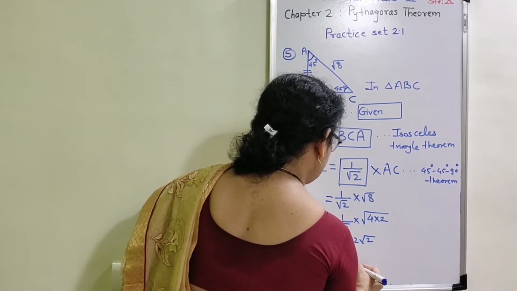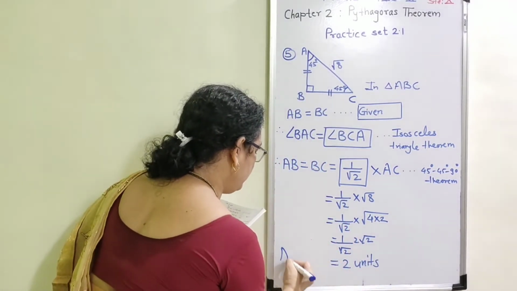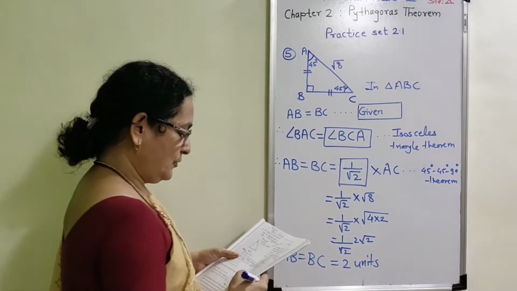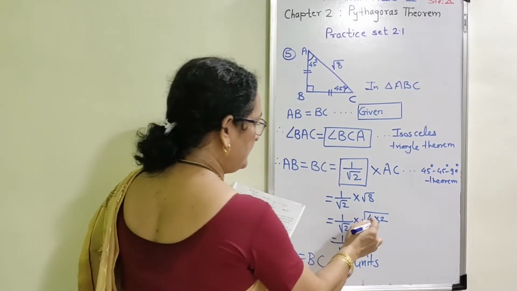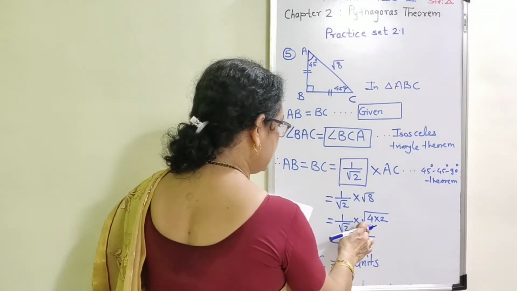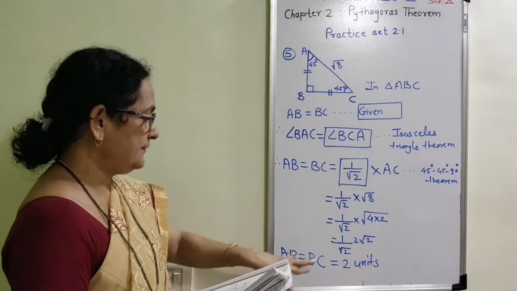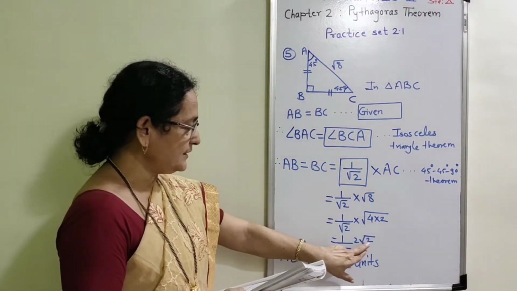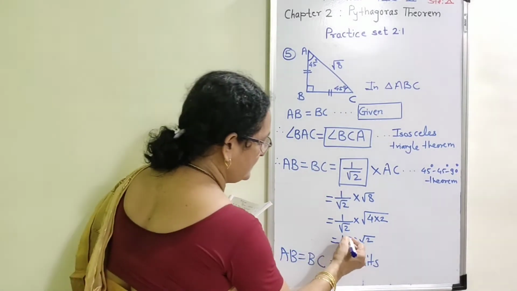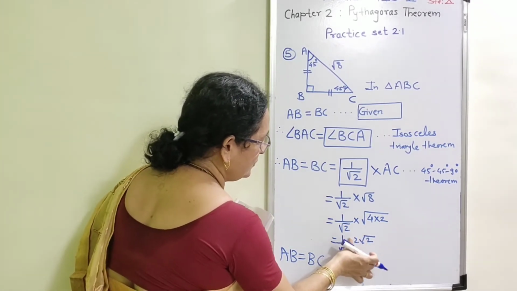Root 2 gets eliminated and my final answer is that the length of AB or BC is equal to 2 units. Now here they have not mentioned this step, but I have added this: it is equal to 4 into 2, take 2 outside, and when we take 2 outside, root 2 gets eliminated and your final answer is equal to 2 into root 2.